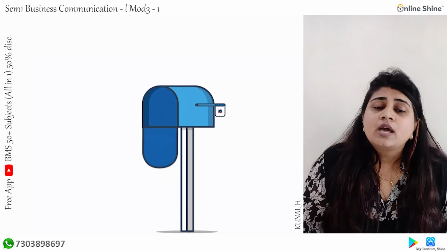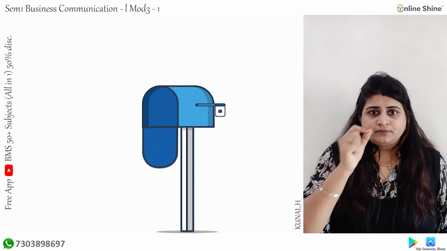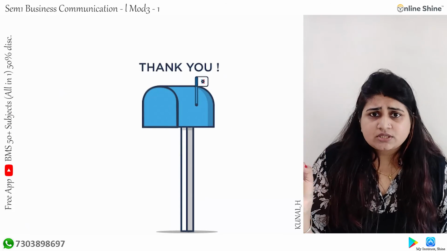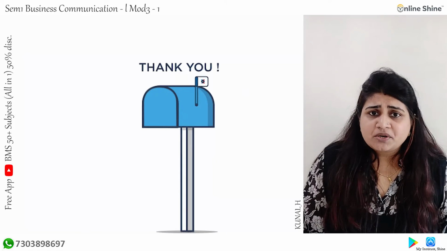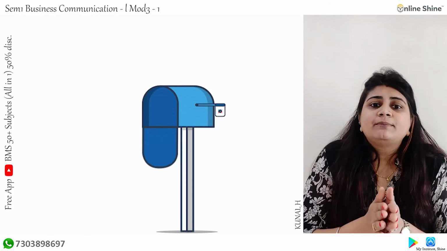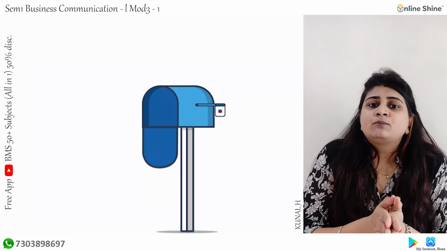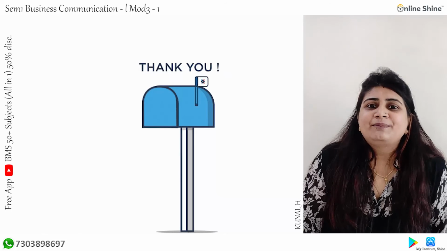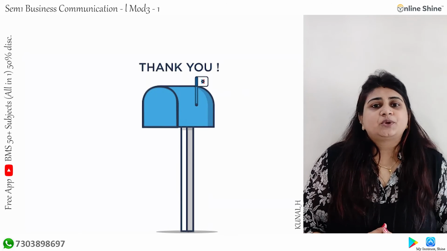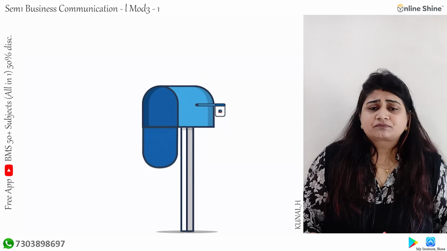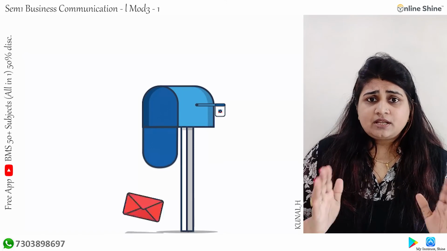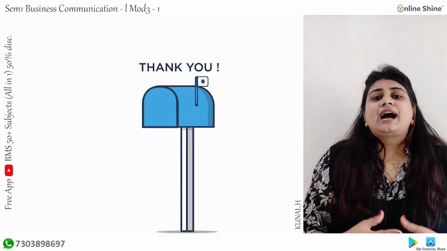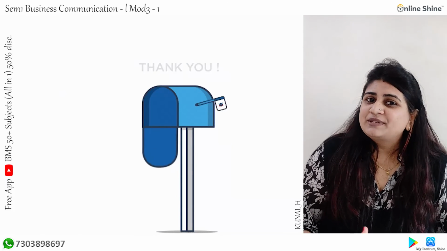In case you want to post it, under superscription you mention the words by post. If it is going to go by registered post, then registered post. So whatever the mailing instructions are, and at the same time the head and the inside address are mentioned on the envelope. That makes it an optional part of a business letter, in case it goes in a hard copy format. So that's where we understand the optional parts of a business letter.